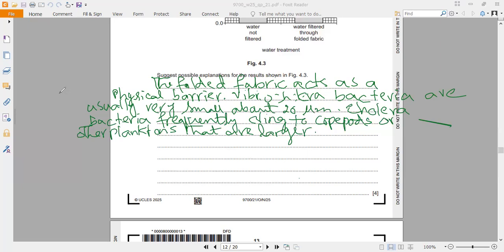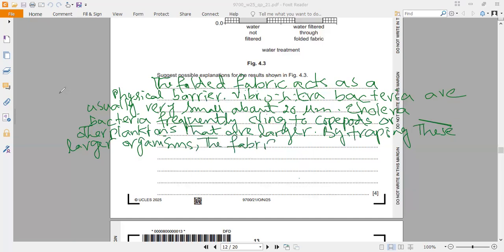By trapping these larger organisms, the fabric effectively removes the pathogen.